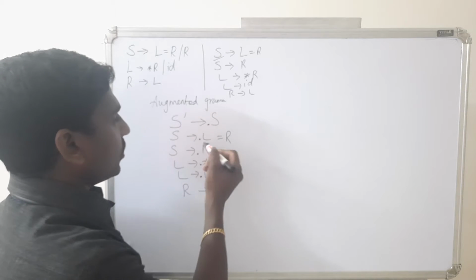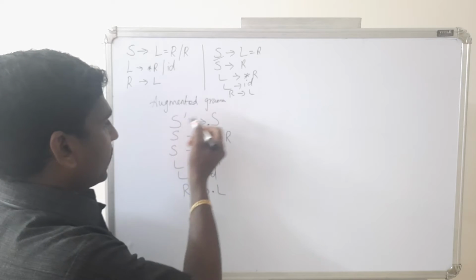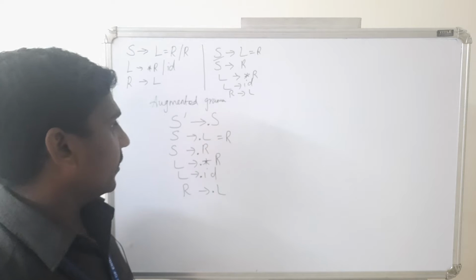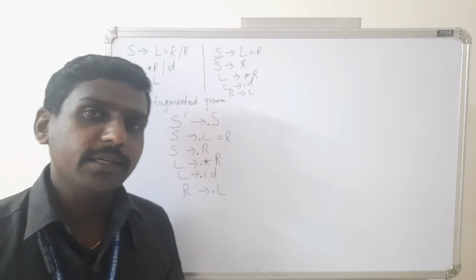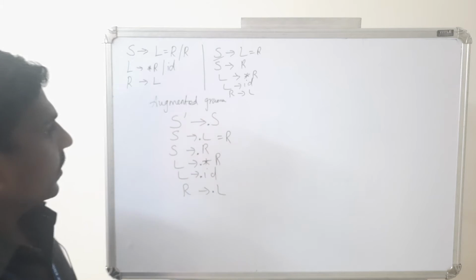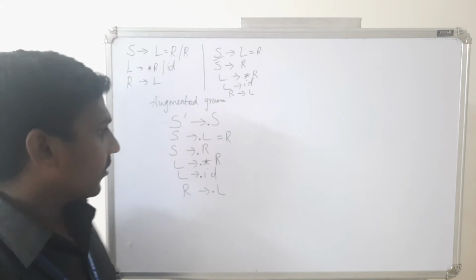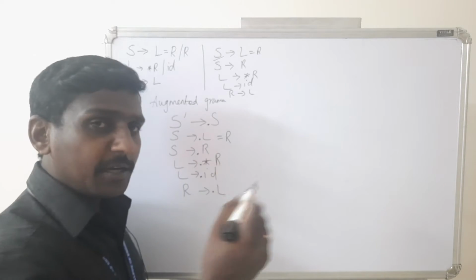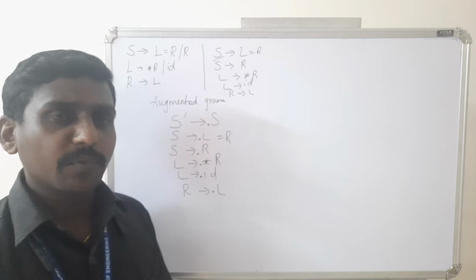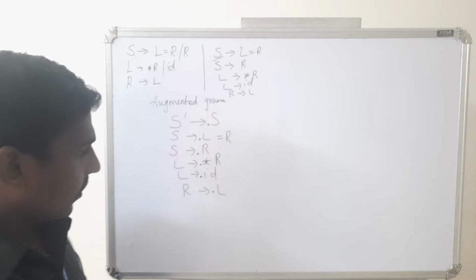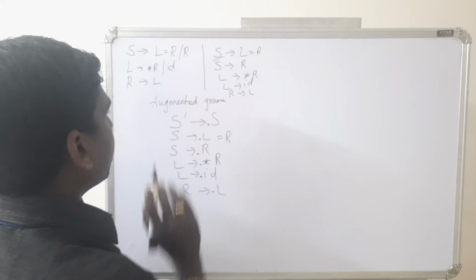And S tends to dot L equal to R; after S dash tends to S, the same productions I wrote. The dot represents the end of the production, which you can clearly know during problem construction. Augmented grammar is like this.